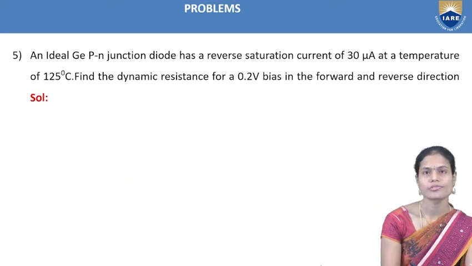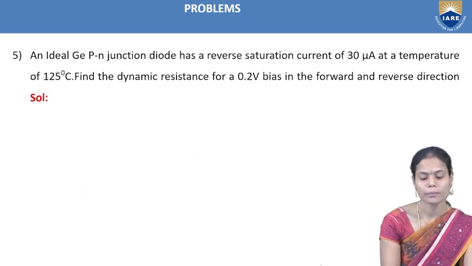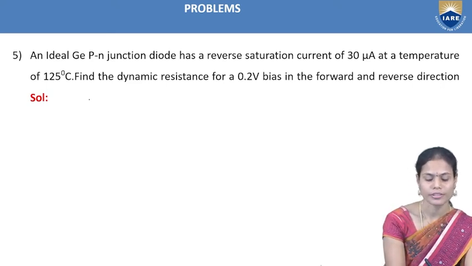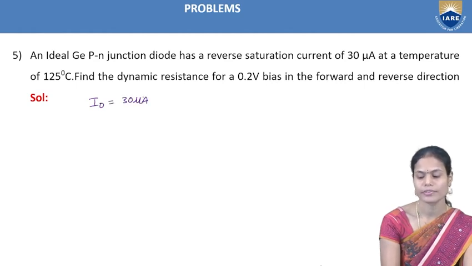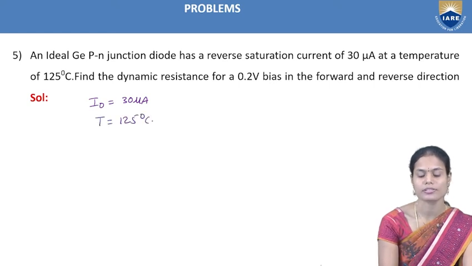And the next problem is: an ideal germanium PN junction diode has a reverse saturation current I naught of 30 microamperes at a temperature T equal to 125 degrees Celsius.